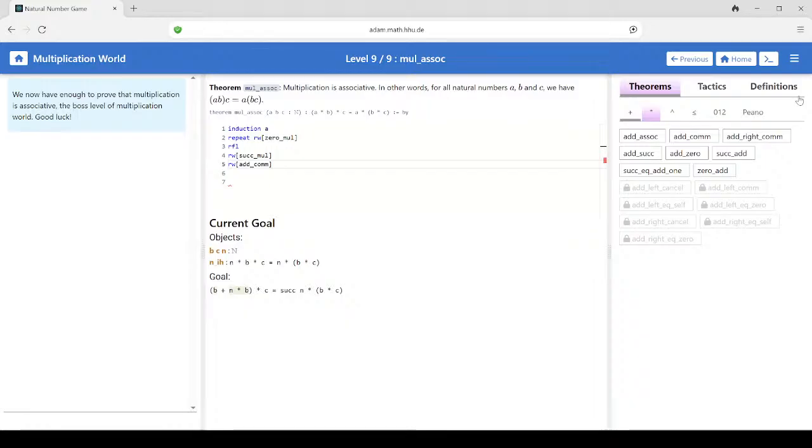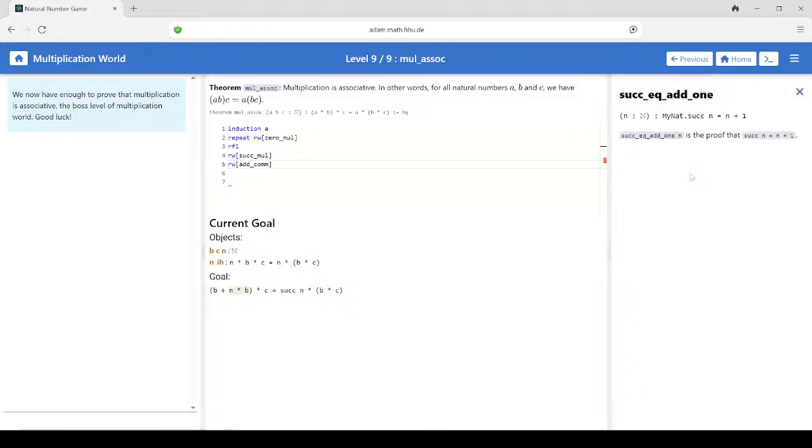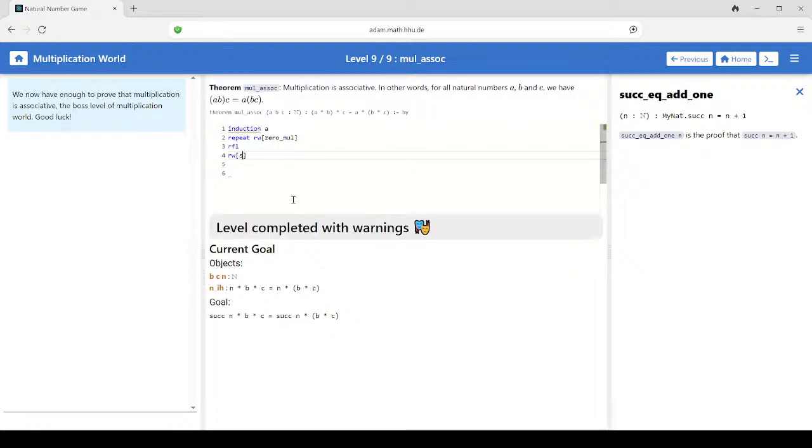This one is tricky. I'm really stuck. Should I try that? Maybe.